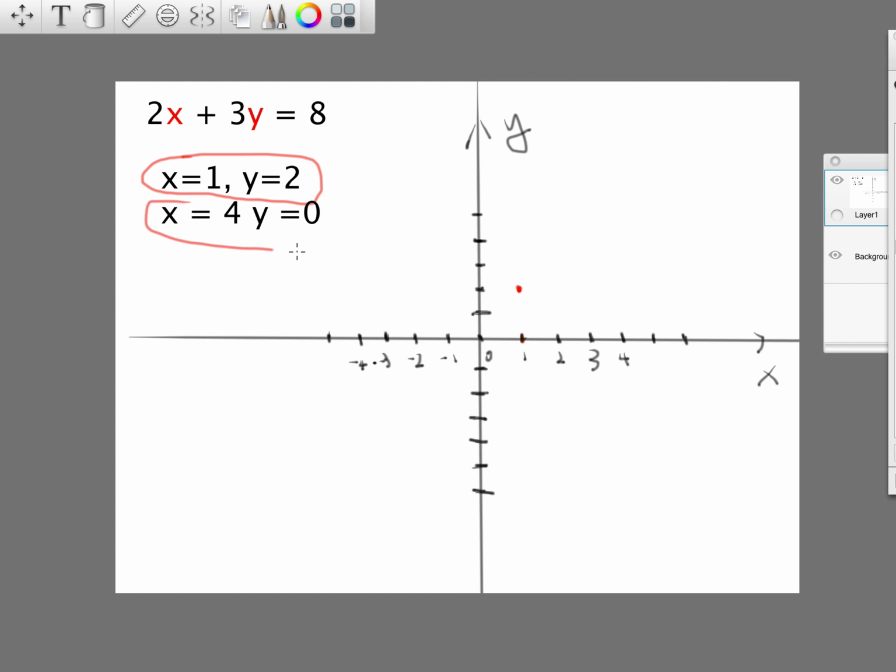Second point, x equal to 4, y equal to 0. So the point is just here. So we have P1 and P2, and we can draw the line.